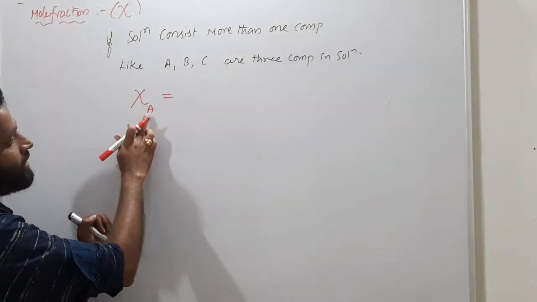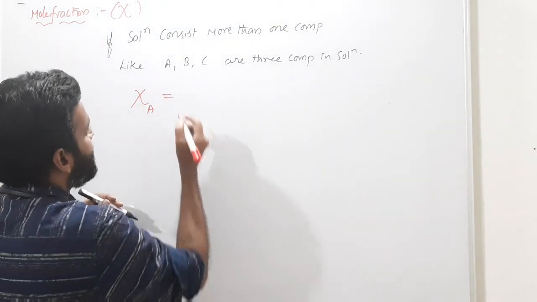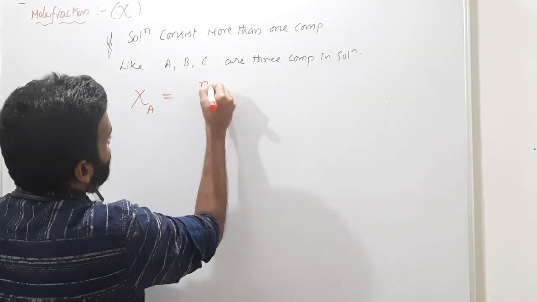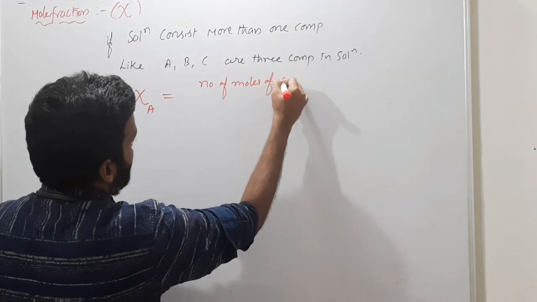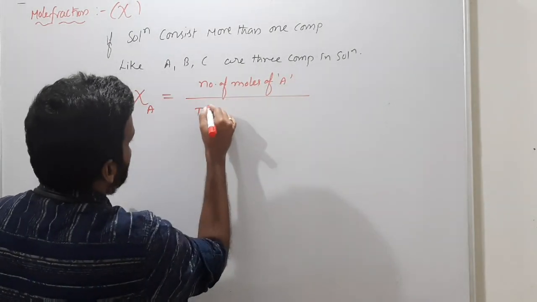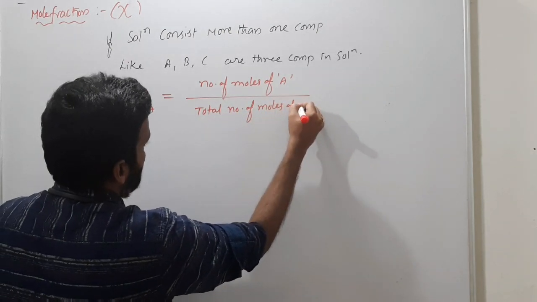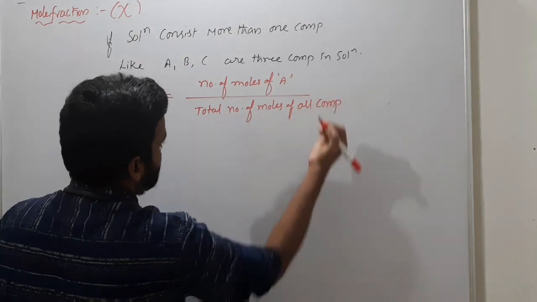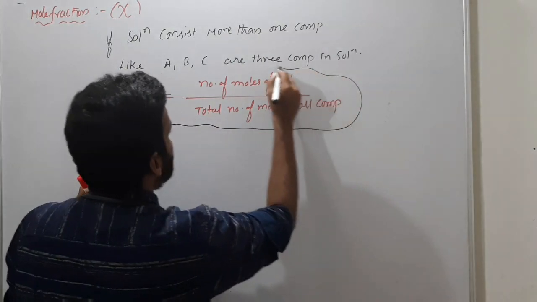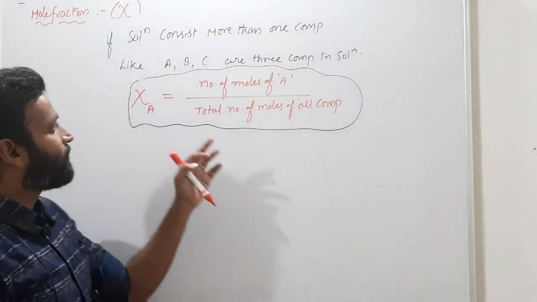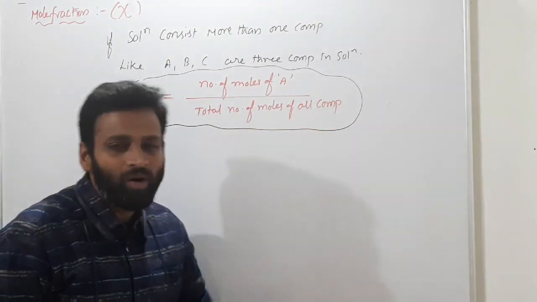Here the subscript A means this is the mole fraction of A. It is the number of moles of A by the total number of moles of all components. If three components are present, the mole fraction of A is simply the number of moles of A by the total number of moles of all components.